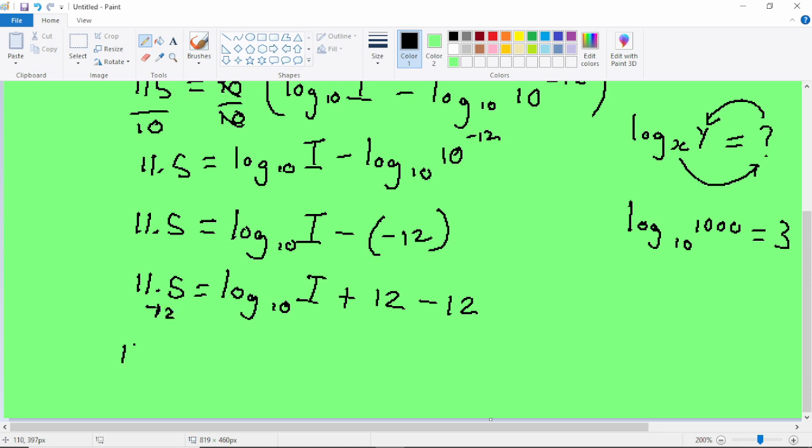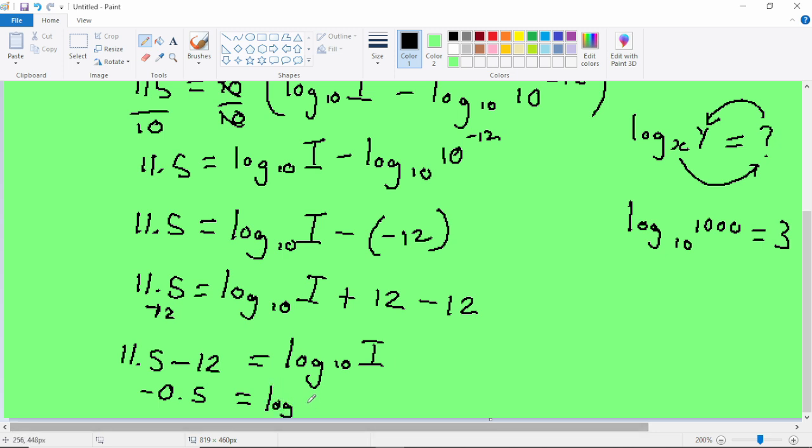So now we get 11.5 minus 12 is equal to log base 10 of I. Then we can finally rewrite this and say, what is 11.5 minus 12? The answer is negative 0.5 is equal to log base 10 of I.